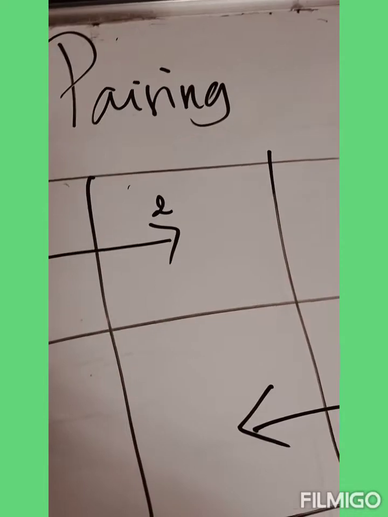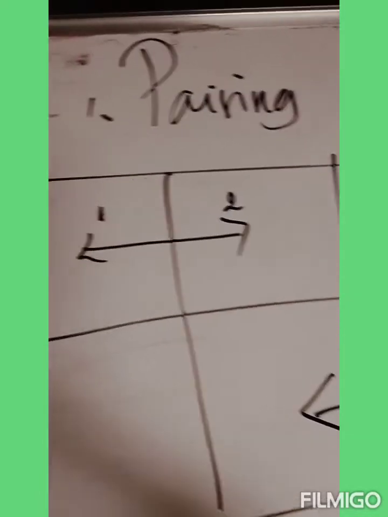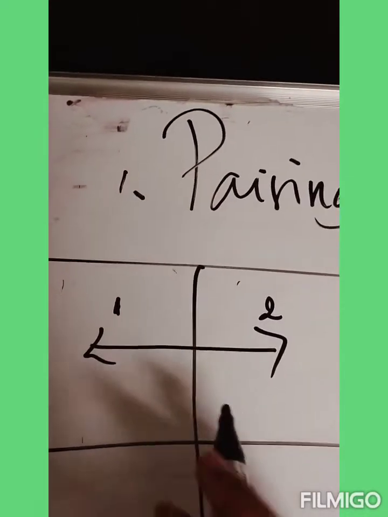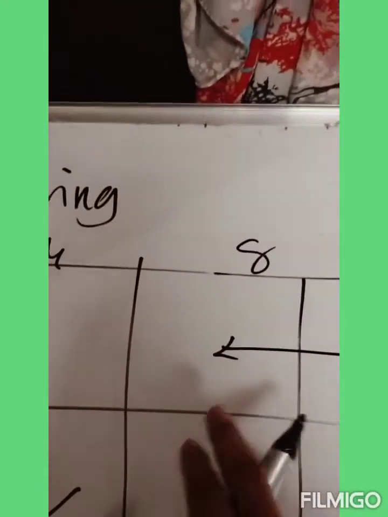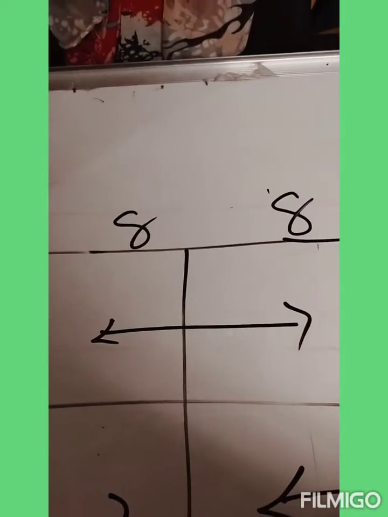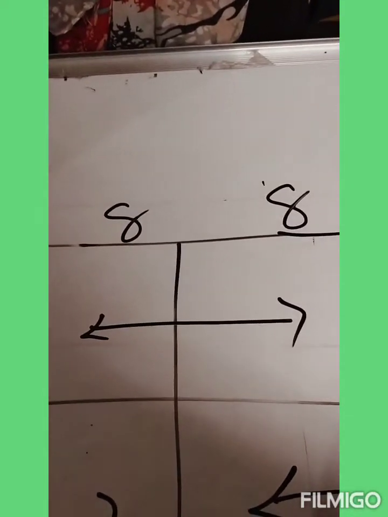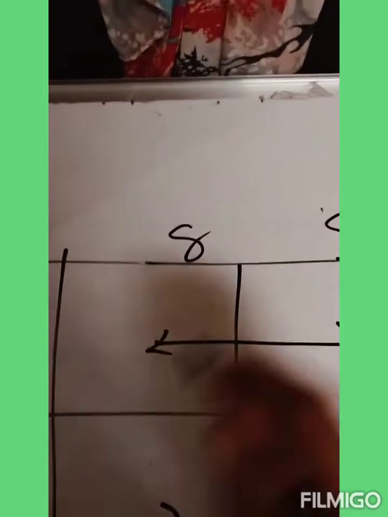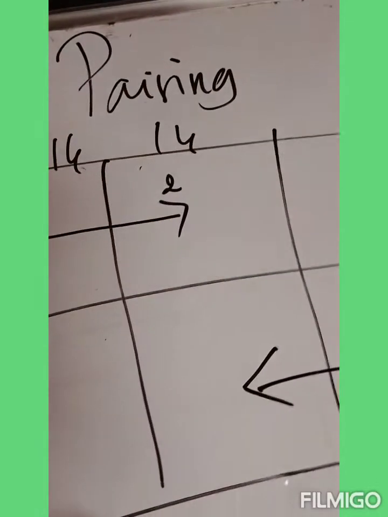First, we have to assign the numerical value to whorl only. This is the second step. Under the first pair, fingers 1 and 2, we have 16, 16. For pair number 2, 8, 8. For the third pair, finger 5 and 6, we have 4, 4.